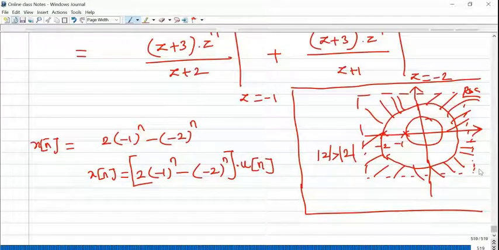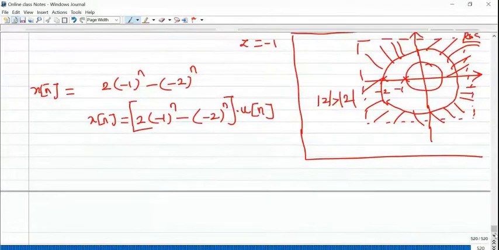So what are the difficulties in this particular residue method? If the order is 2 or if the order is 3, then how to solve it? Second example I'll give you.